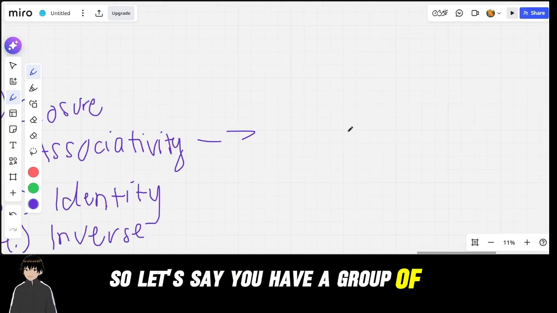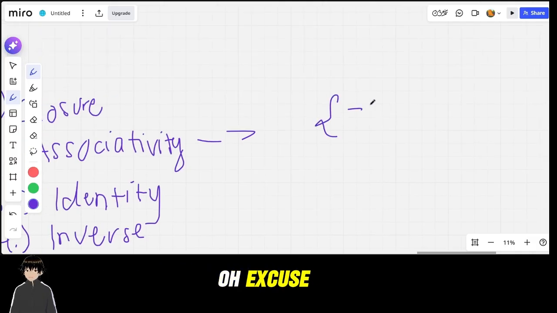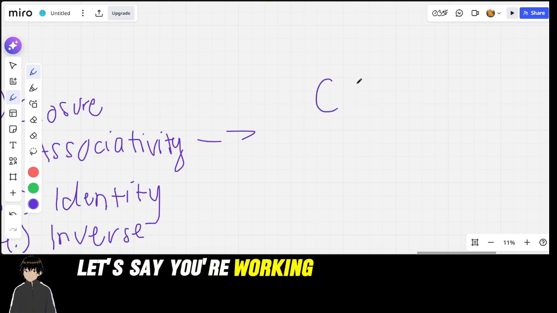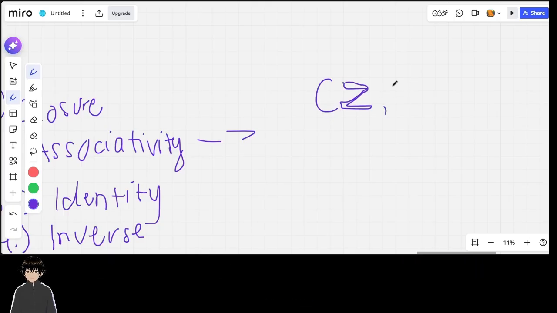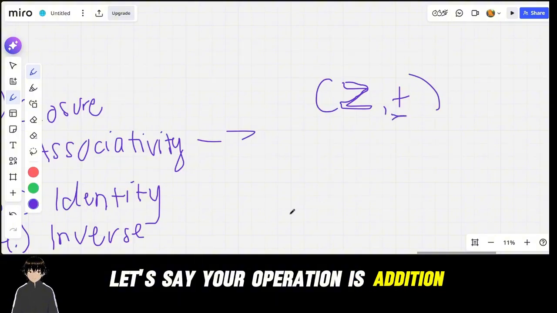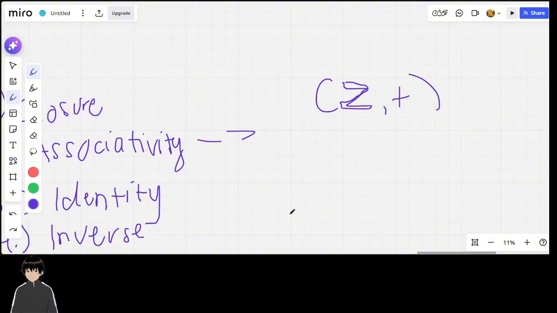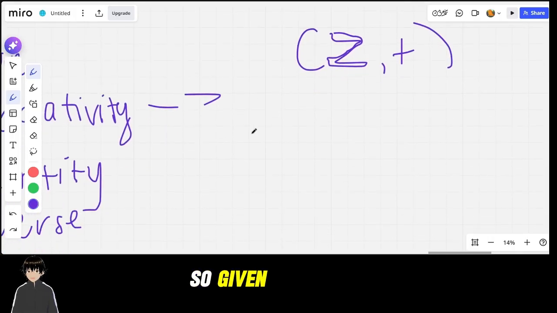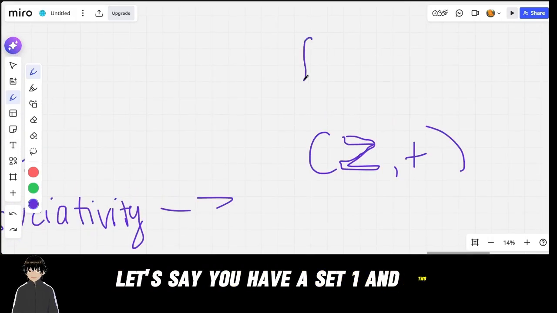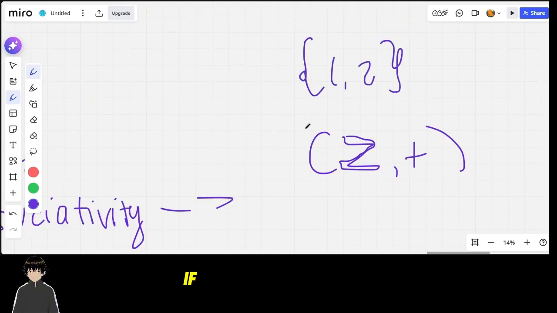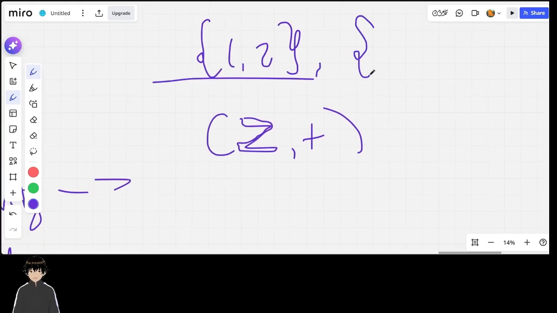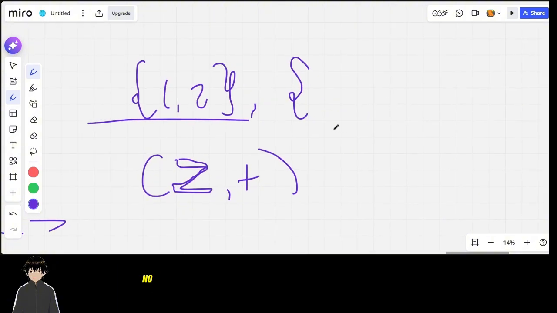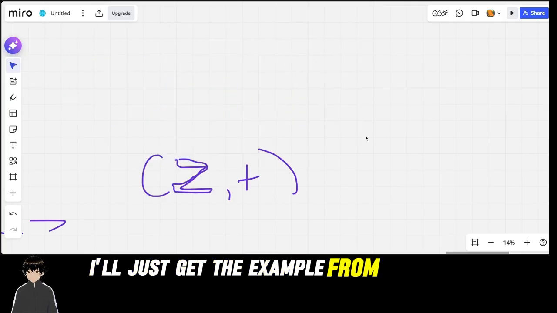Let's say you're working with all integers again, and your operation is addition. Let me get an example from ChatGPT here, so I don't get this wrong.